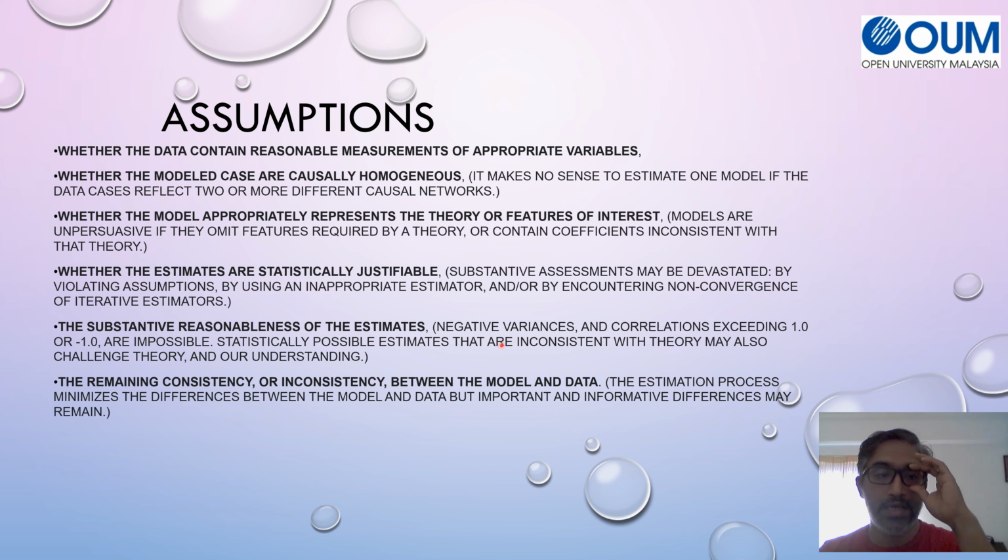The fifth one is the substantive reasonableness of the estimates. These are negative variances and correlations exceeding 1.0 or negative 1.0, which are impossible, statistically. Possible estimates that are inconsistent with theory may also challenge theory and our understanding of the study.